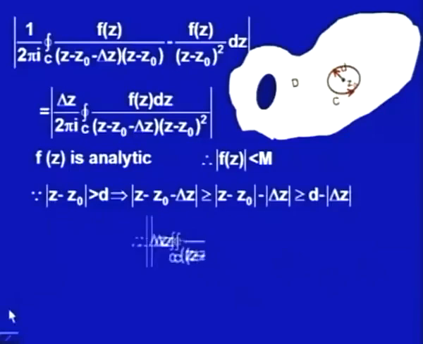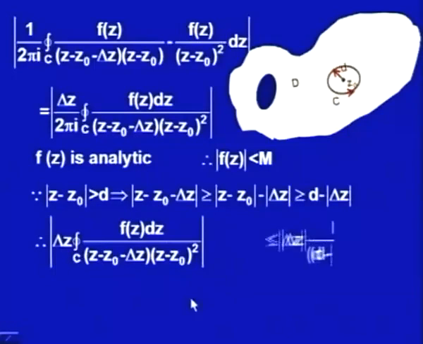So the integral would be less than or equal to modulus of delta z times M upon d square into (d minus modulus of delta z), times L. What is L? L will be the length of this contour. Whatever this L is, it is fixed, because this contour C is fixed.